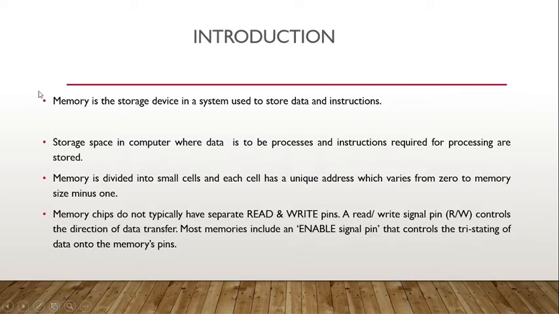So what is a memory? A memory is just like a human brain, how we process the information which we store. Speaking in an embedded system, it is the storage device in a system which is used to store the instructions and the data. The data to be processed and the instructions required for processing are stored in the memory of a computer system.